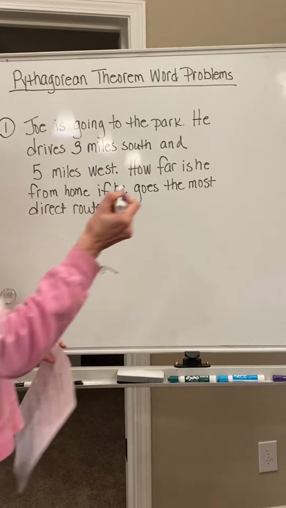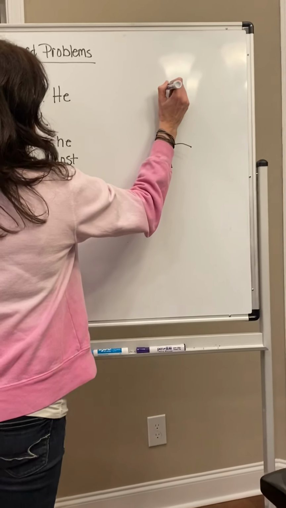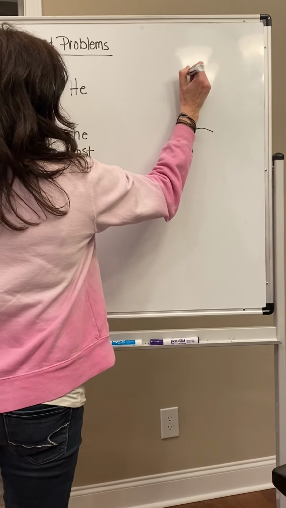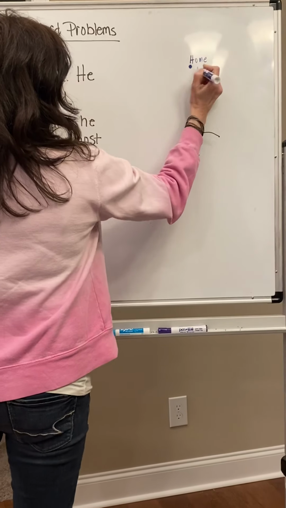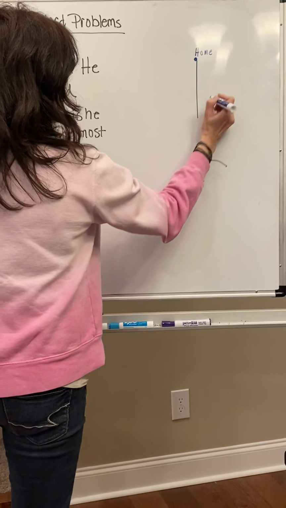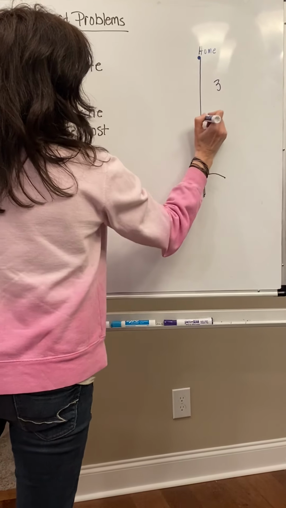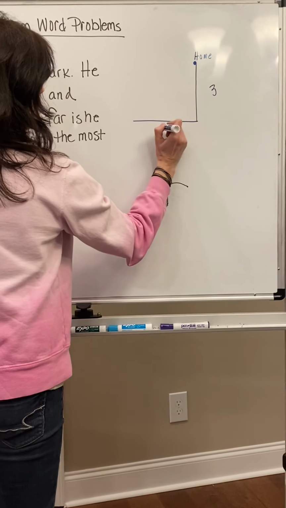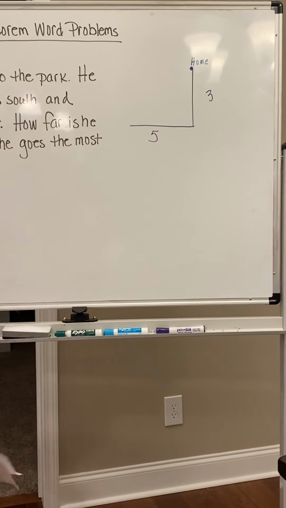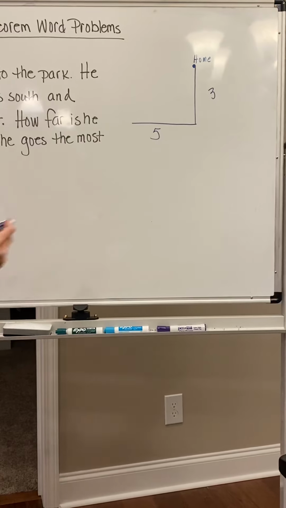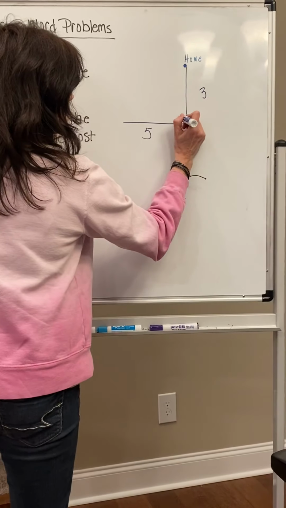Okay, so here's my picture. Joe starts here. This is his home. He's going to drive 3 miles south, and he is going to drive 5 miles west. Now, what we created when we did that was a right angle.